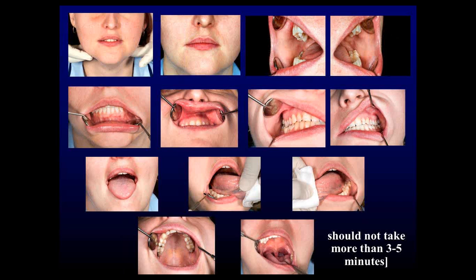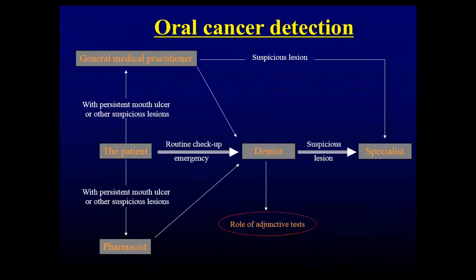By the time it develops into something big or becomes symptomatic, the disease has gone to a phase where it is untreatable, and as a consequence the prognosis is quite poor. So biopsy is important, but unless we do a proper systematic oral examination, we won't be able to identify any lesion, and unless we identify an oral lesion, we won't be able to perform a biopsy.